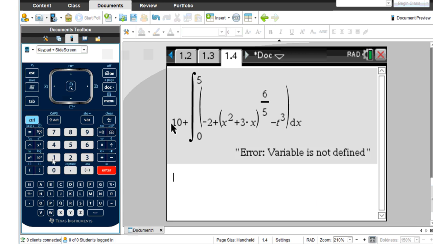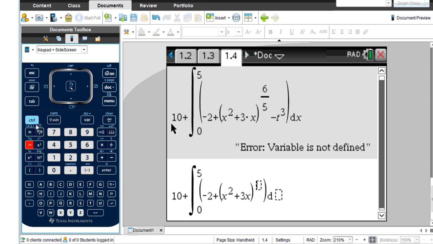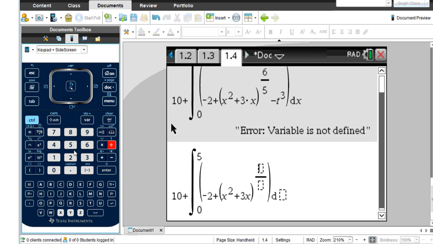Let me try that again. 10 plus the integral 0 to 5. I don't know what they didn't like here. We're going to have -2 plus x squared plus 3x to the power of 6/5.